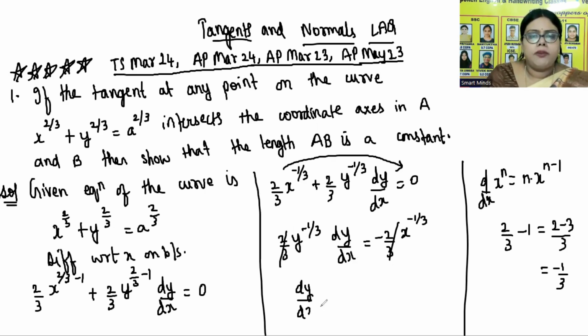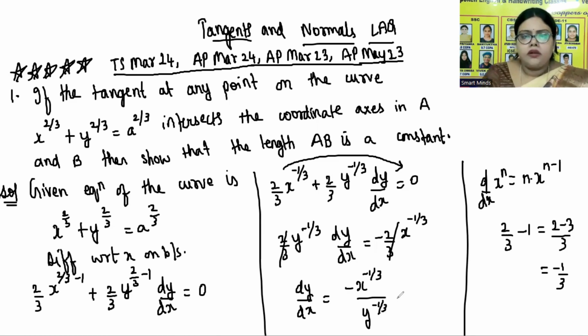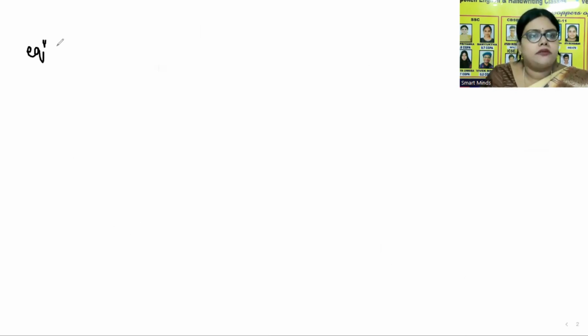So you get dy by dx is equal to minus x power minus 1 by 3 by y power minus 1 by 3. Okay, this is dy by dx. Now let us find the equation of tangent.